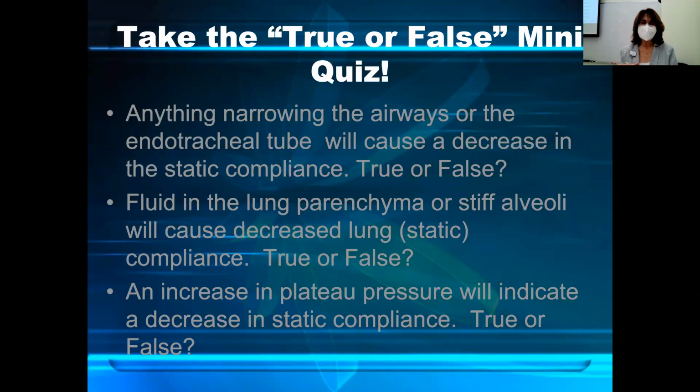Fluid in the alveoli will make pressures higher when you're trying to ventilate. Stiff lungs take higher pressure to ventilate. When you plug higher pressure into the formula, you're going to have a lower number. So what you had to think in your mind is, okay, fluid or stiff alveoli, high pressure. Plug high pressure into the formula, low static compliance.